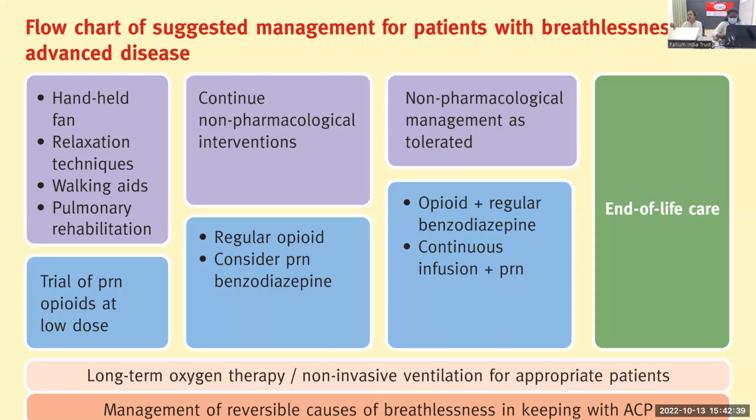You can't say to a dying person, give a fan and relieve the breathlessness, no. But as much as they tolerate, continue the non-pharmacological management. Simple things: open the window, move the cot towards the window, have some fresh air, loosen the clothes, give proper positioning at home. So all this is very important, plus the 3 medications that we taught: opioids, steroids, and benzodiazepines.